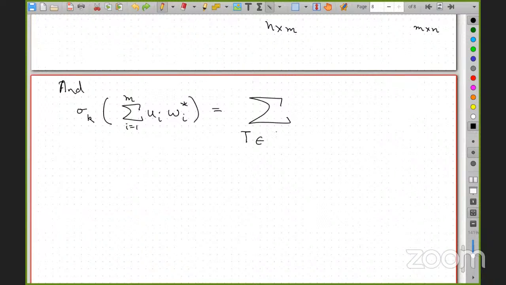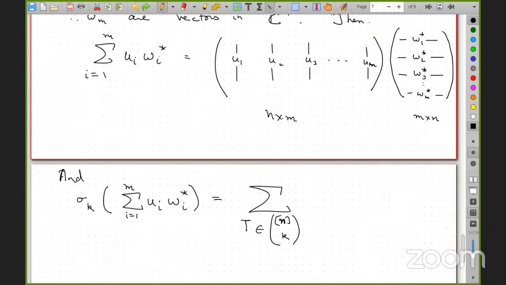So it's t. So all k-element subsets of n. Right? n is not m. n is the dimension of each of the u_i's.